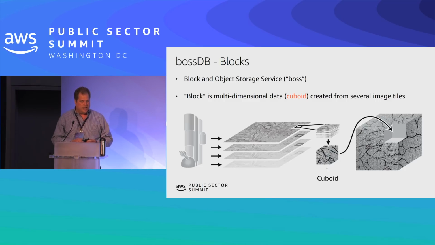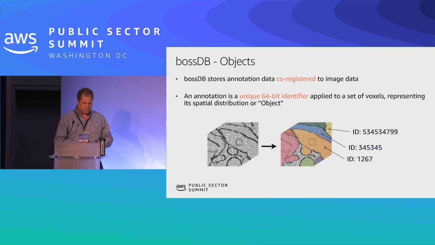And the block in this case is a three-dimensional array, which we call a cuboid, and that's a three-dimensional chunk of data that we then store spatially indexed in S3. So in this diagram, you can see there's a microscope which is taking slices of brain tissue, taking a picture of them. We then chop those down into individual tiles, and then we take 16 consecutive tiles to build a cuboid that we store in S3.